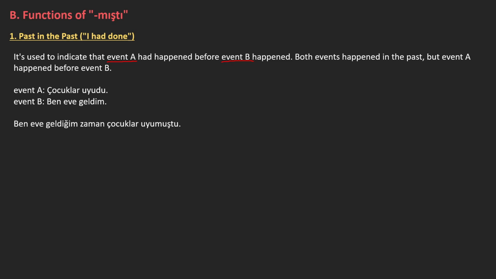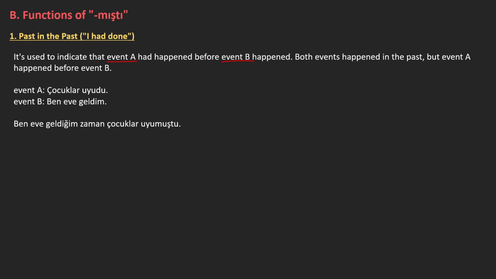Now you can see I use the dığım zaman, like when, and uyumuştu. I don't say ben eve geldiğim zaman çocuklar uyudu. I am saying ben eve geldiğim zaman çocuklar uyumuştu. And that is simply in English, when I came home, the kids had slept.